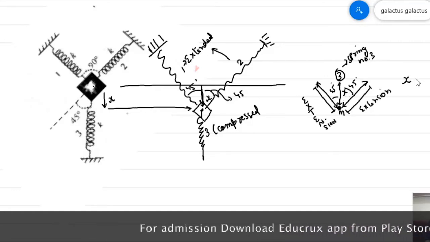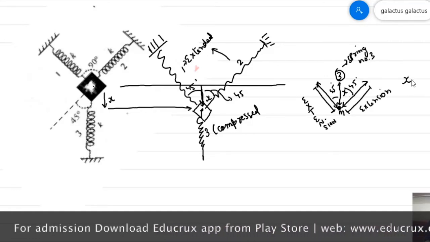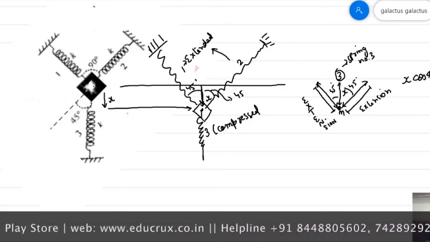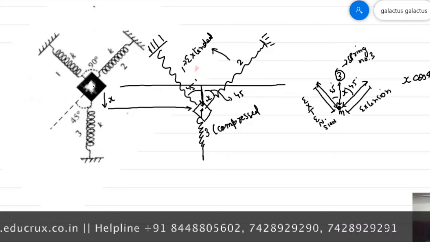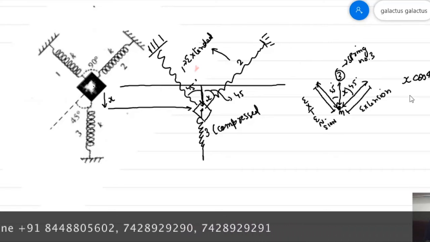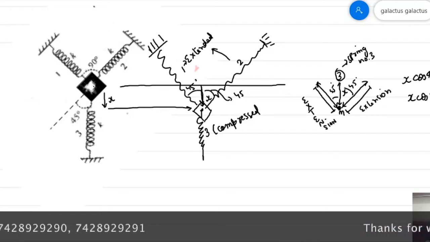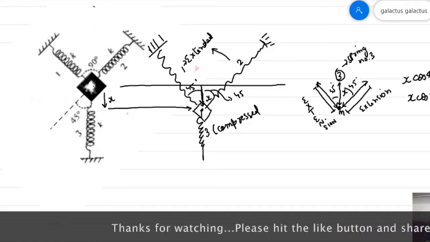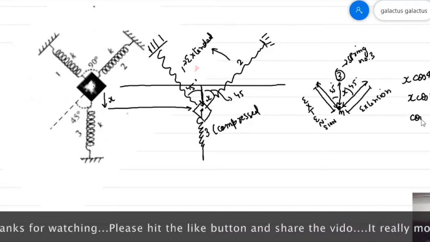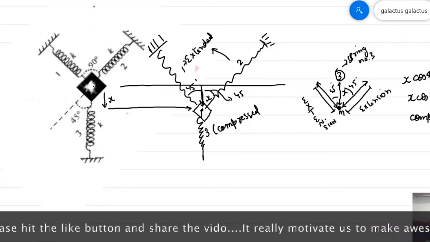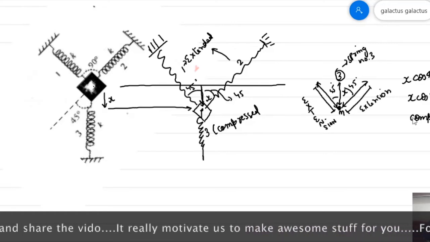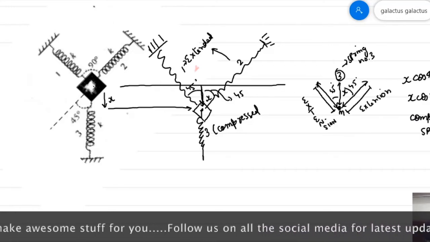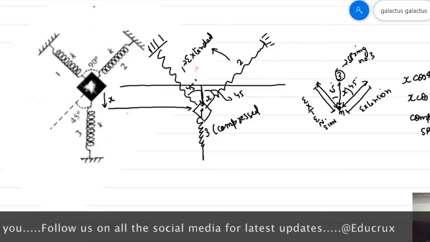So x cos 45 degrees represents the extension of spring number 1, and x cos 45 degrees represents the extension of spring number 2, and the compression of spring number 3 is x.